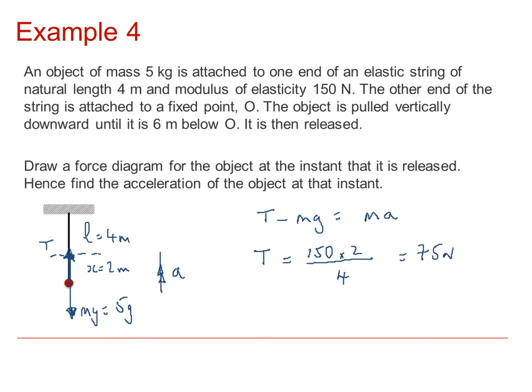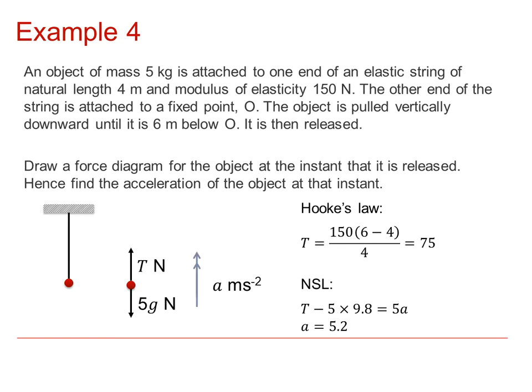Substituting that into the equation above, we have 75 minus 5 multiplied by 9.8 is equal to 5 times the acceleration. That gives us a value of the acceleration equal to 5.2 meters per second squared. And there we are with the solution typed out nice and neatly for you.